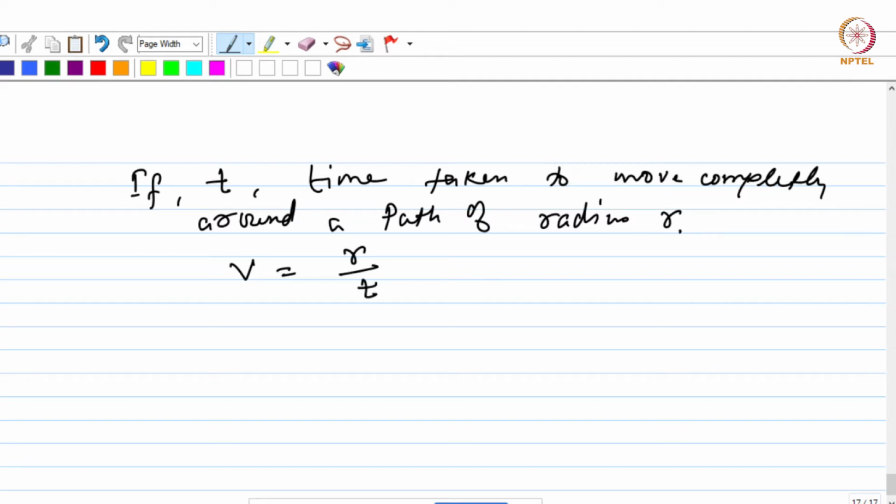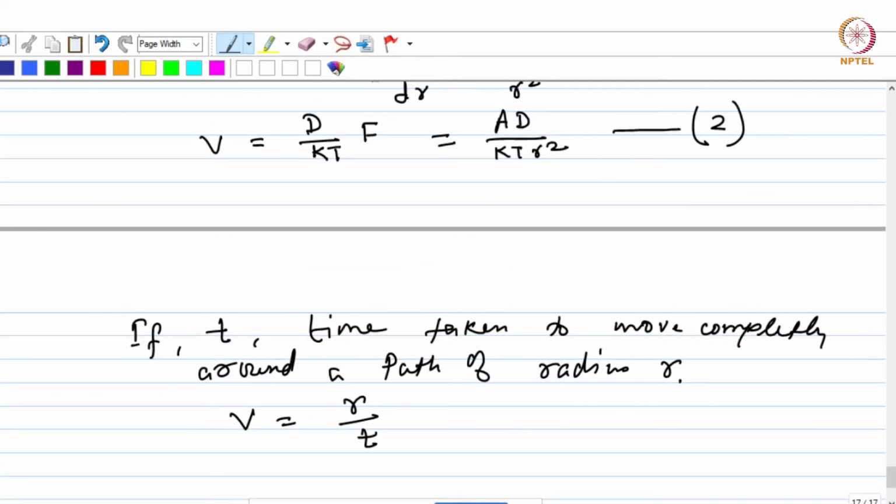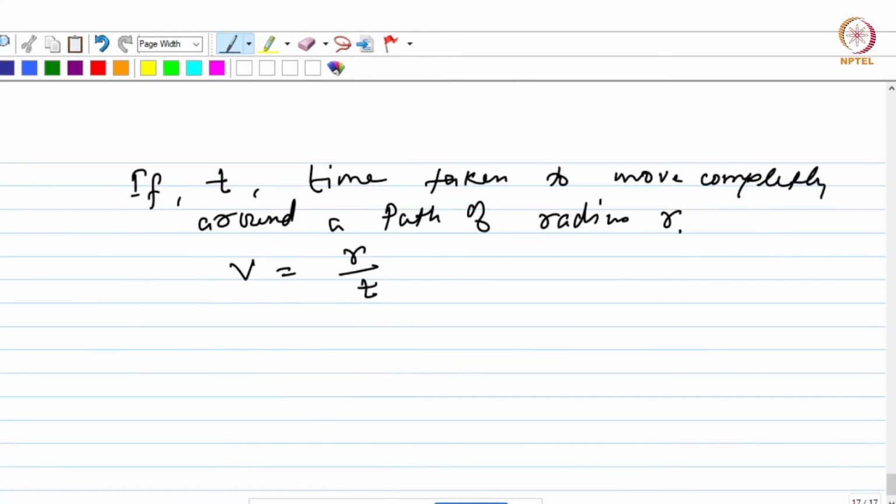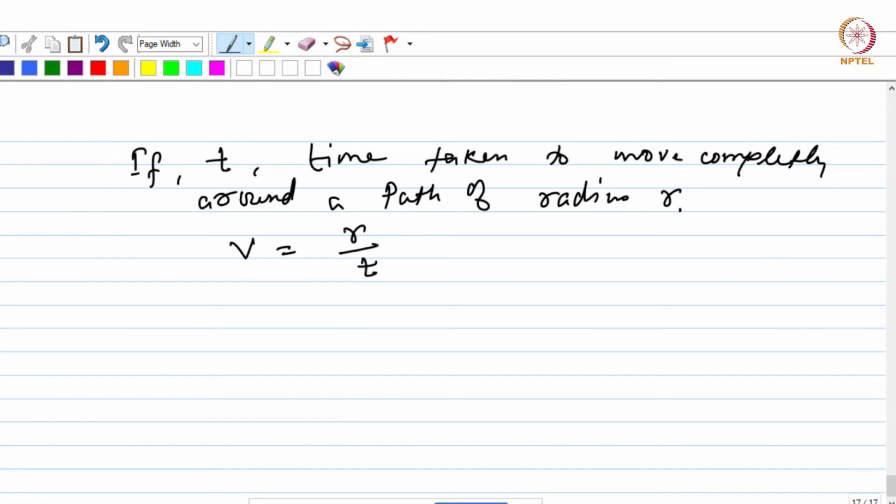And from here, and using equation 2, we can obtain T as this. Let us call this equation 3, right?